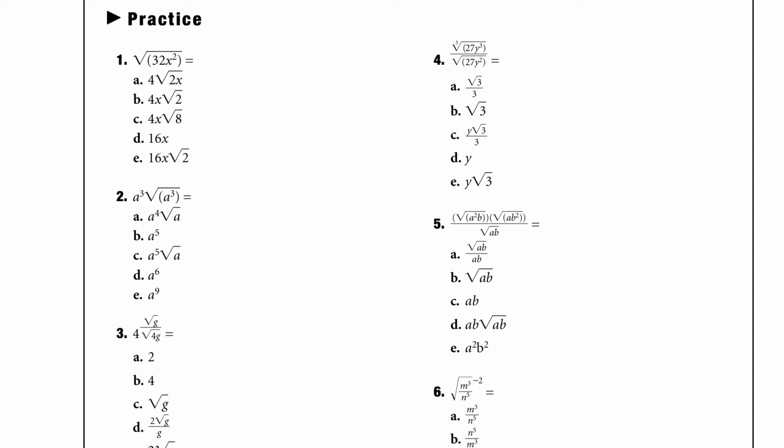The first thing that I like to do with these types of questions is to represent anything under the radical in terms of exponents. And I noticed that 32 is equivalent to saying 2 to the power of 5 times x squared. Now, I can represent the radical. Square root is the same thing as saying something to the power of 1/2.